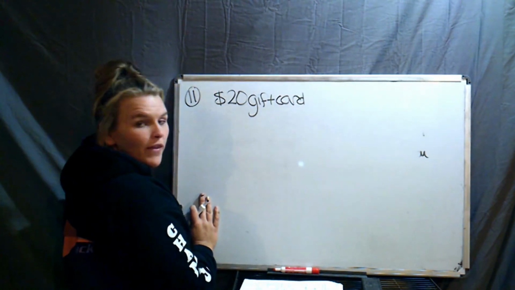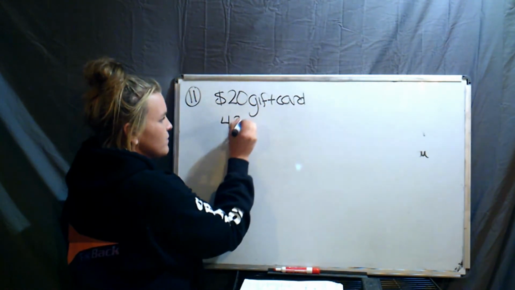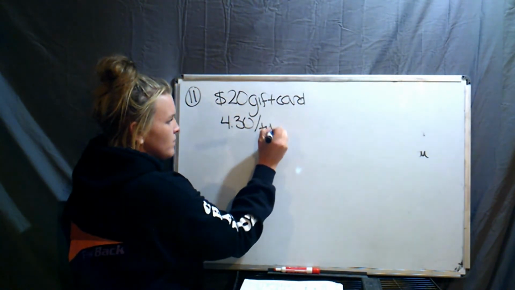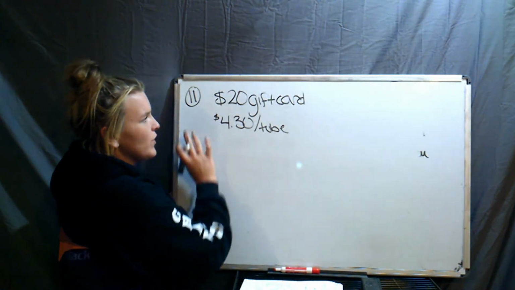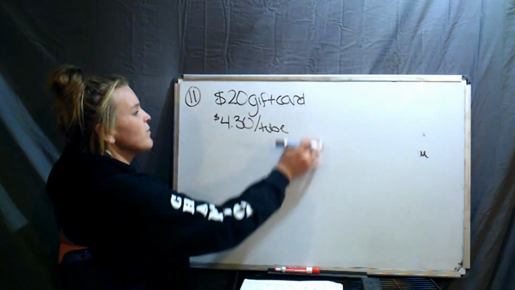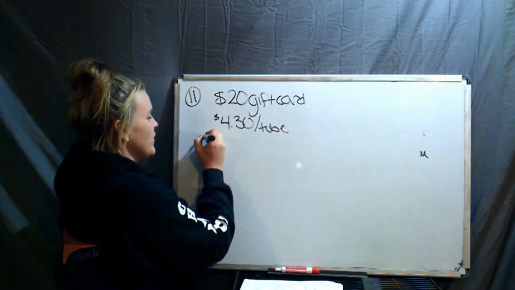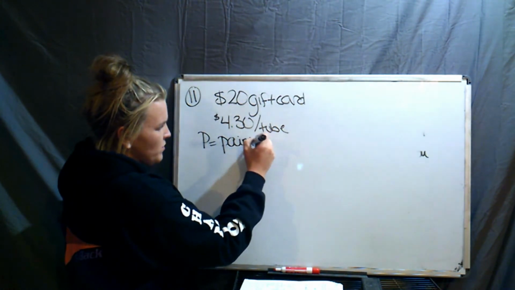And I know that she wants to buy tubes of paint that cost $4.30 each. And so that's what I want to know. I want to know how many $4.30 tubes of paint I can buy with my $20 gift card. And so I'm going to have P as my variable, and that's going to signify paint tubes.